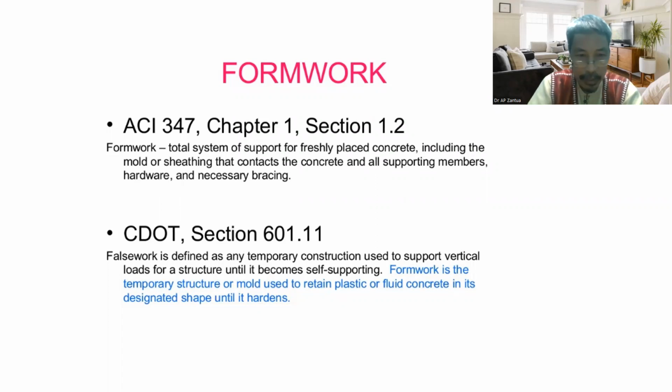So formwork is the temporary structure or mold used to retain plastic or fluid concrete in its designated shape until it hardens. Formwork is a type of falsework wherein it is in direct contact with the concrete.